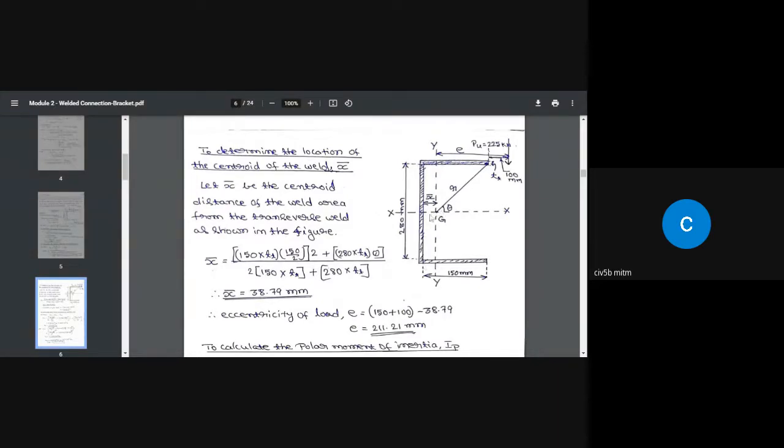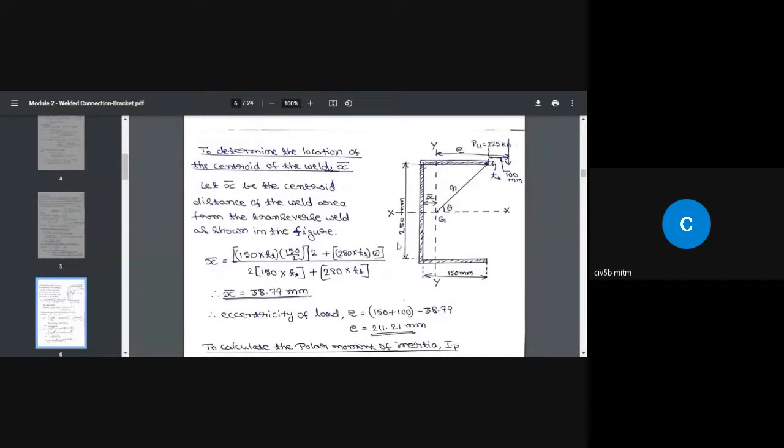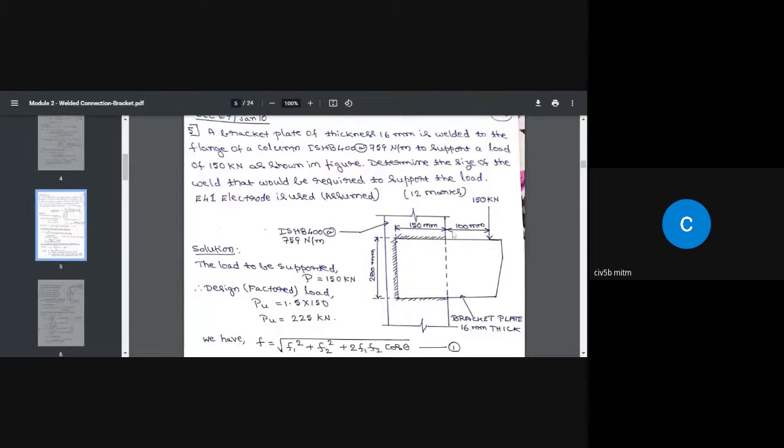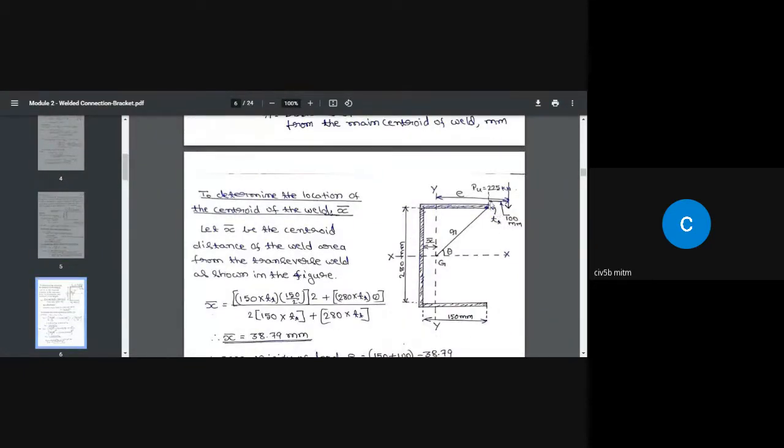Once we have this, we can find out the eccentricity. If you look at the problem, the load is acting at a distance of 100 millimeter from here. So this is 150 millimeter, this is 100 millimeter, this is 150 millimeter, and this is 38.79. So the eccentricity is this distance.